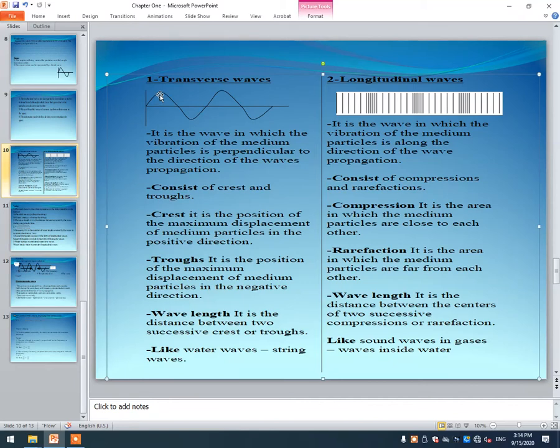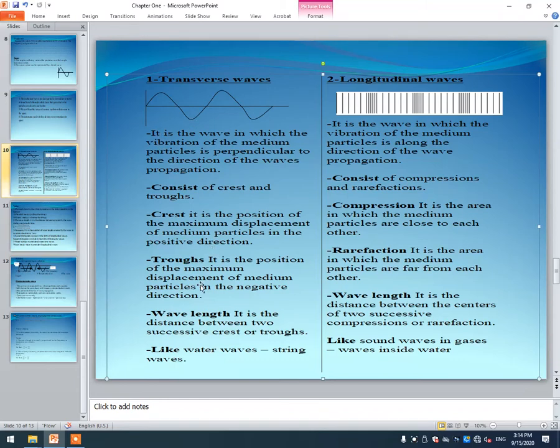The crest is the maximum displacement in the positive direction. The trough is the position where the molecules make maximum displacement, but in the negative direction.